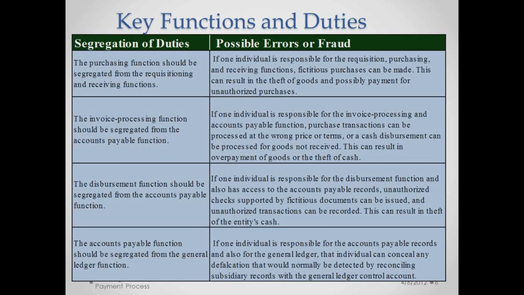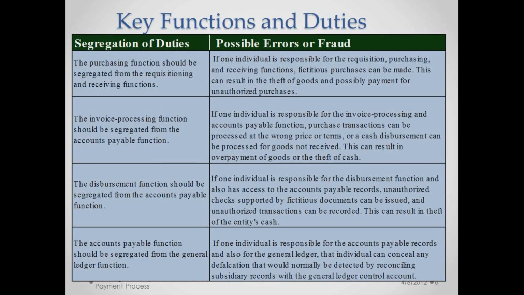Then disbursement function should be segregated from the accounts payable function. So if you have an individual responsible for both of these functions, they have the ability to make unauthorized payments that would be supported by fictitious documents. They can record unauthorized transactions, and again, it results in a misappropriation of assets via theft of cash.